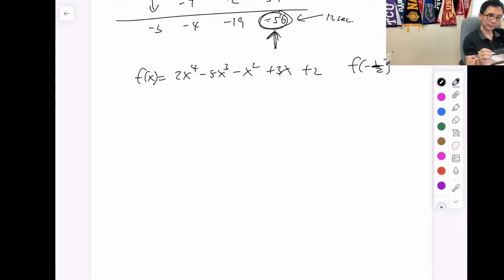2x to the 4 minus 5x cubed minus x squared plus 3x plus 2. And I want to find out what happens at negative half. Can I use remainder theorem to evaluate? I don't need a change in sign. No change in sign, just keep it the way it is.